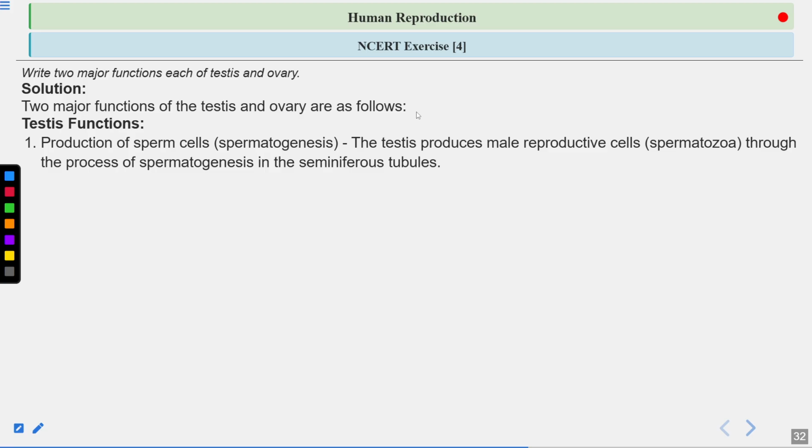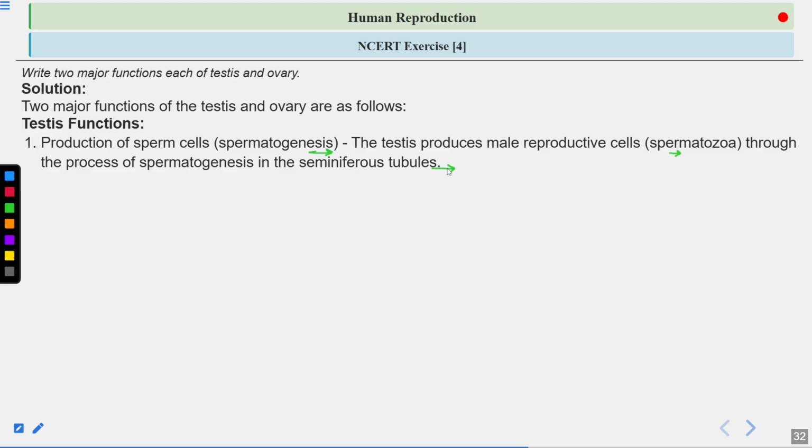First of all, the function of the testes: production of sperm cells, known as spermatogenesis. The testes produce male reproductive cells known as spermatozoa through the process of spermatogenesis in the seminiferous tubules. Within the testes, testicular lobules are present.